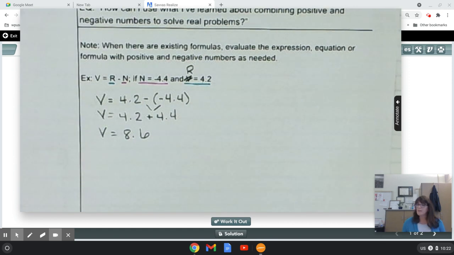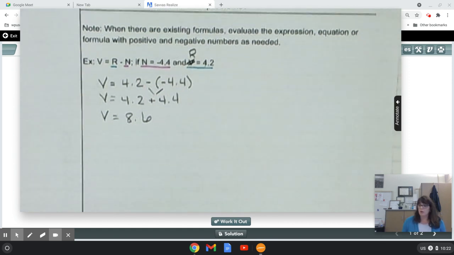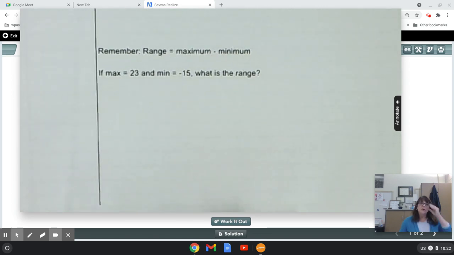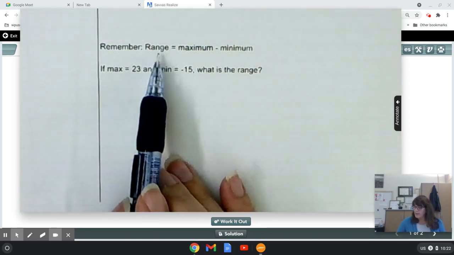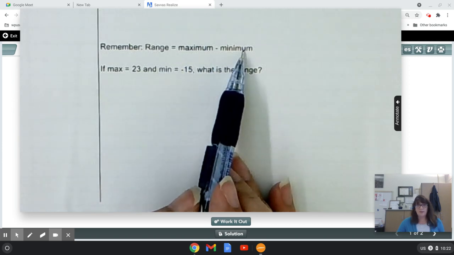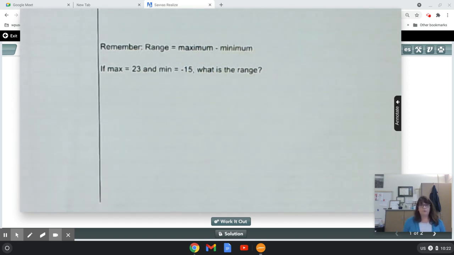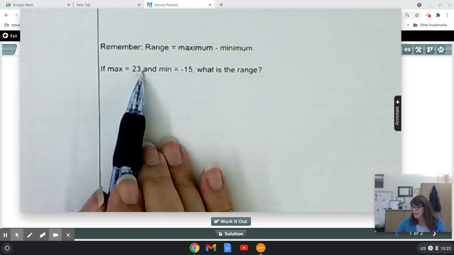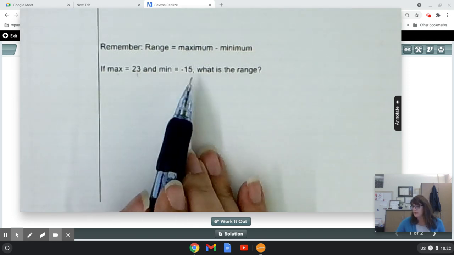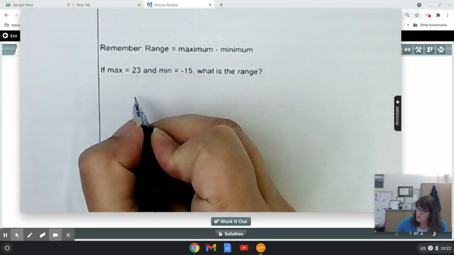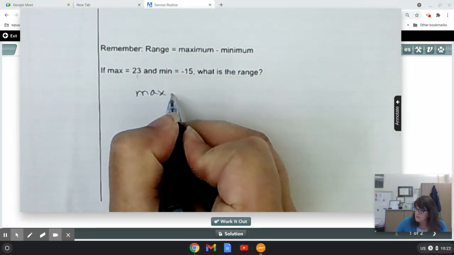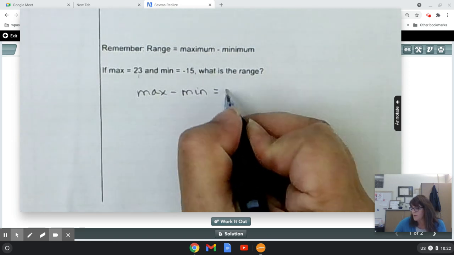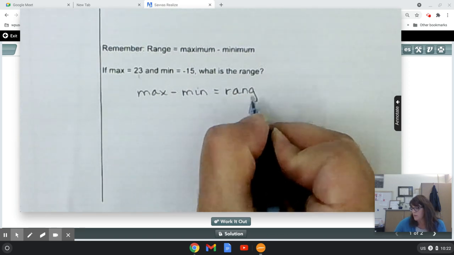Okay. Now, here's one that's a little more recent and might make a little more sense. Range. Remember, range meant maximum minus the minimum. Okay? So if my max is 23 and my minimum is negative 15, well, max minus minimum is always going to equal range.